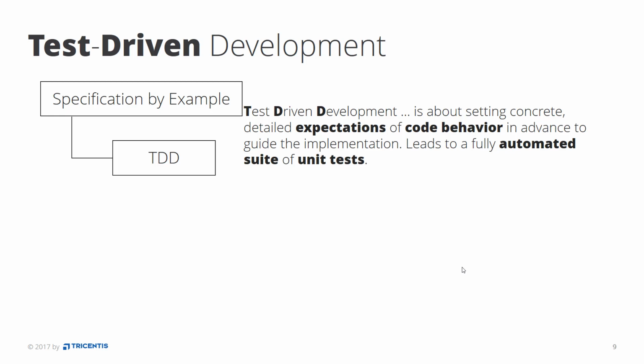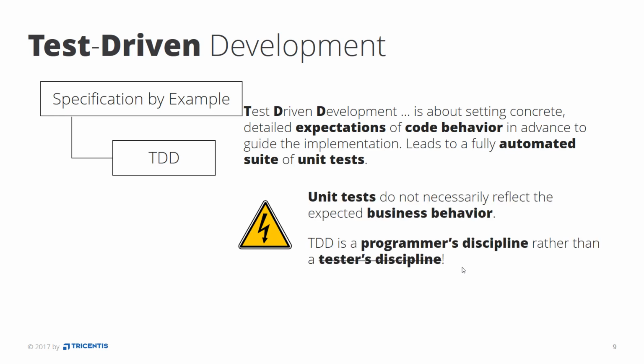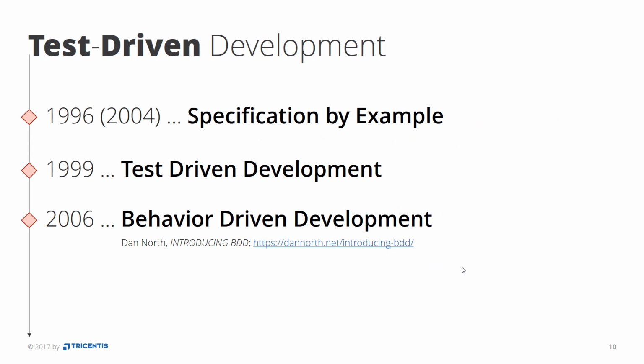This leads to a fully automated suite of unit tests. Unit tests do not necessarily reflect the expected business behavior, so it's really a programmer's discipline and not a tester's discipline. It's a little different from what we expect when we talk about Agile testing right now.